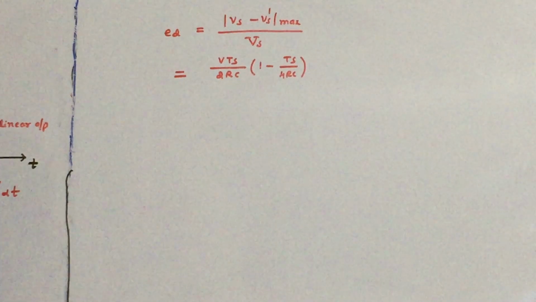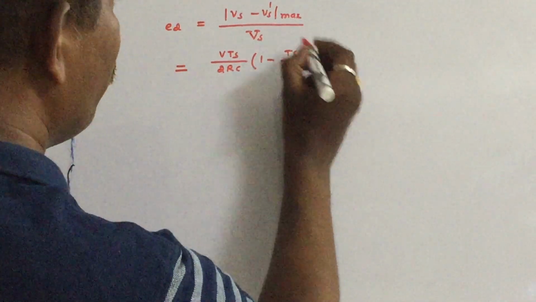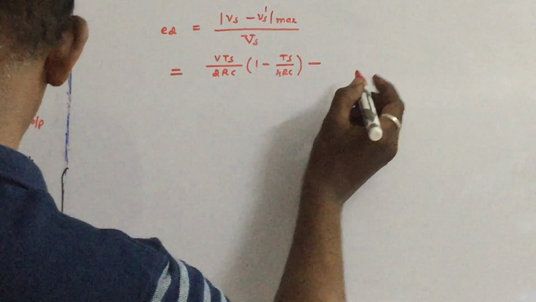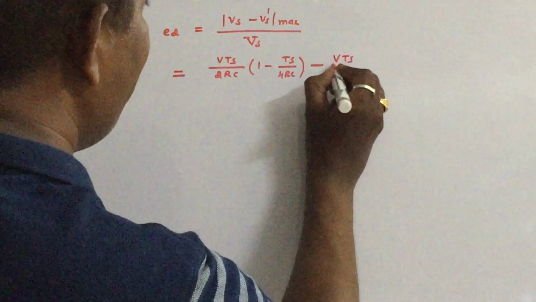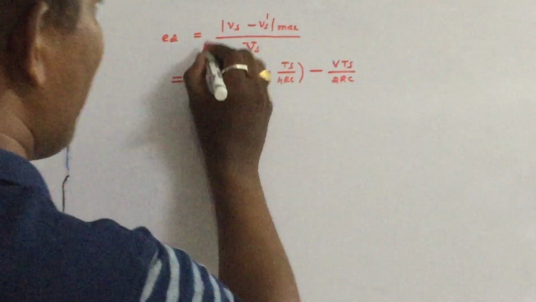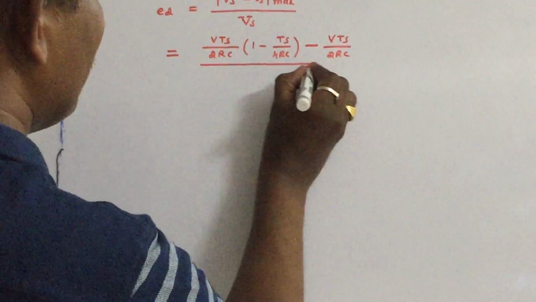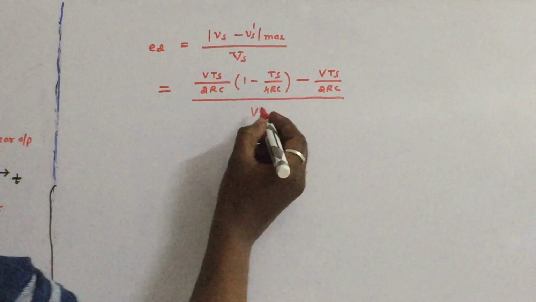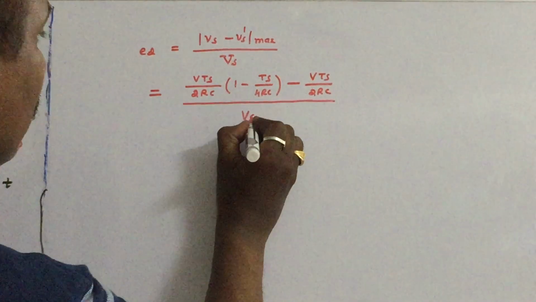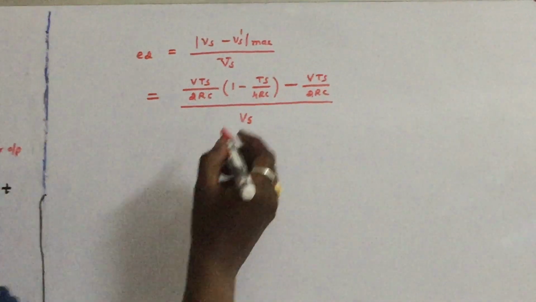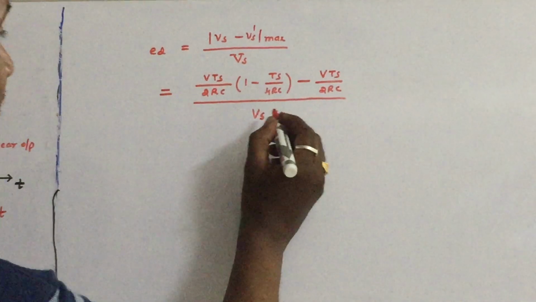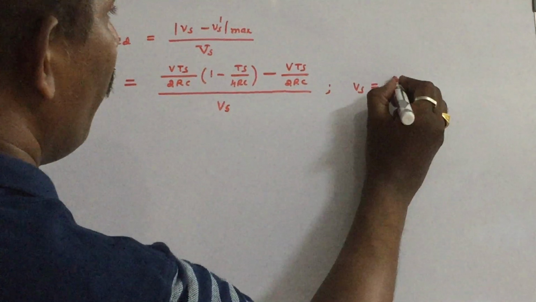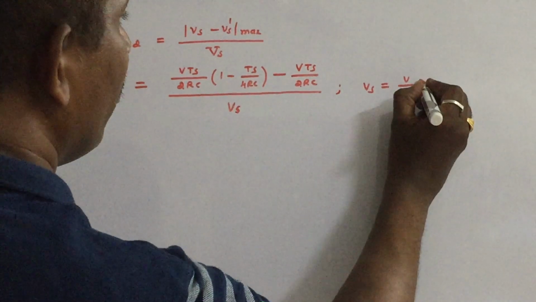This is the actual sweep amplitude. And what is Vs? Vs is equal to V by RC into Ts.